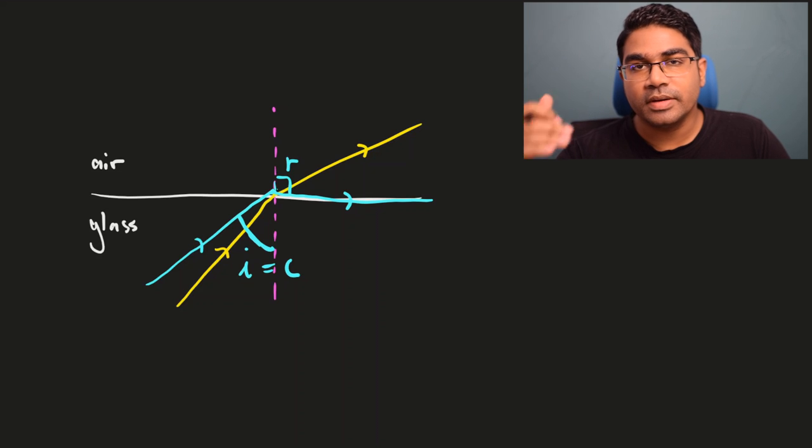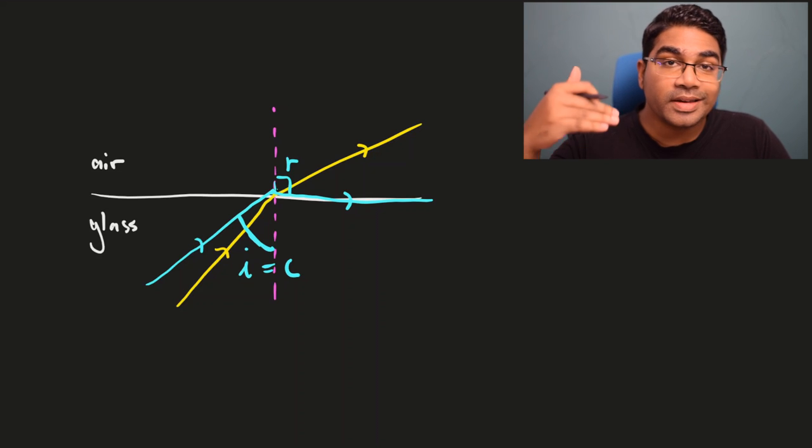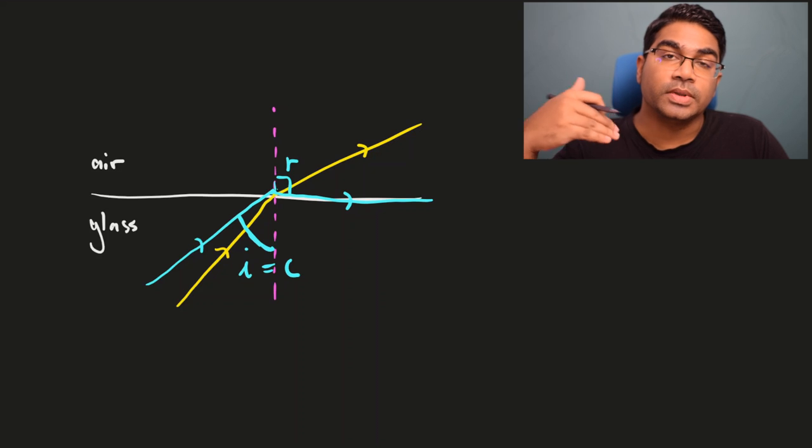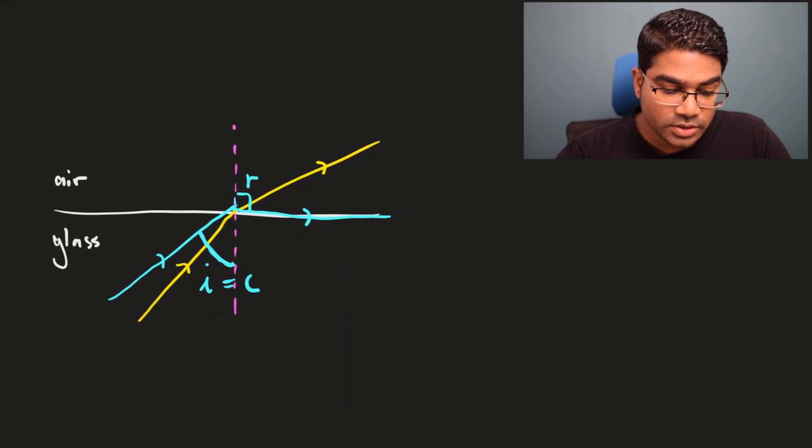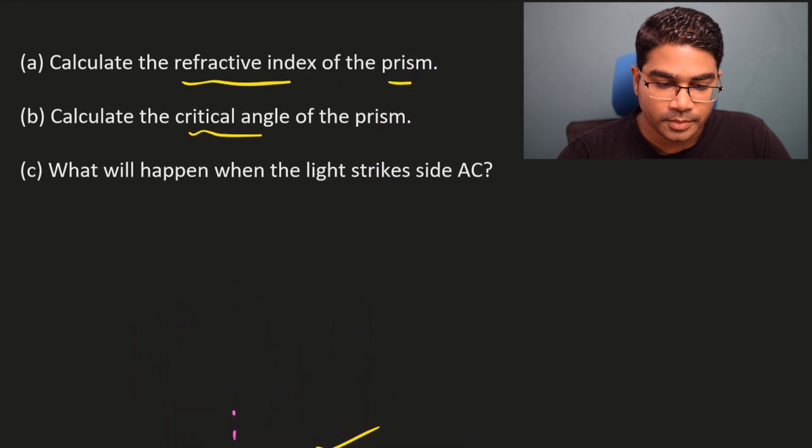When the refracted angle is 90 degrees, the incident angle is known as the critical angle. So the critical angle is the incident angle when the refracted angle is 90 degrees. This can only occur if light travels from an object with a higher optical density to an object with a lower optical density. So we are looking at glass to air in this situation.